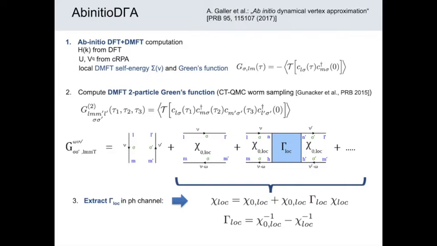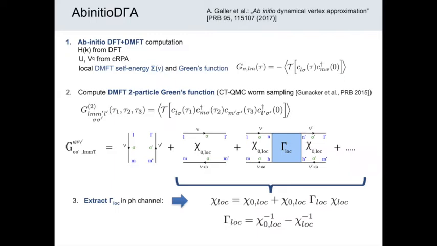And that's the third diagram here, which includes the vertex function, right? So the vertex function you can see like a scattering diagram, right? So there are two electrons, or an electron and a hole, coming in, they interact with each other, and then they continue to propagate. And this Γ-loc is now the main building block of the DΓA.